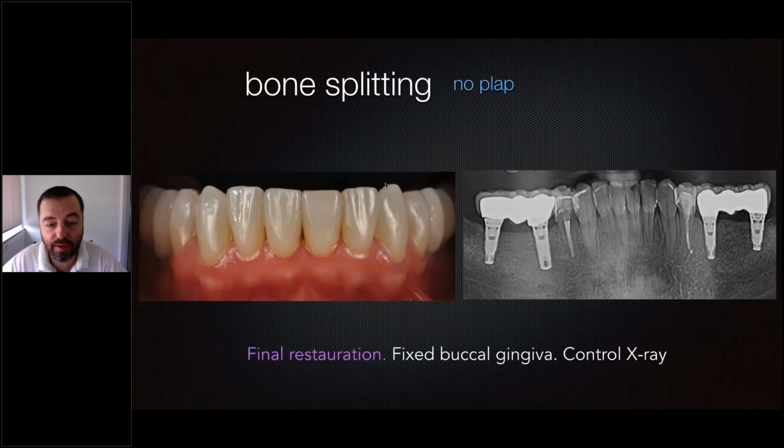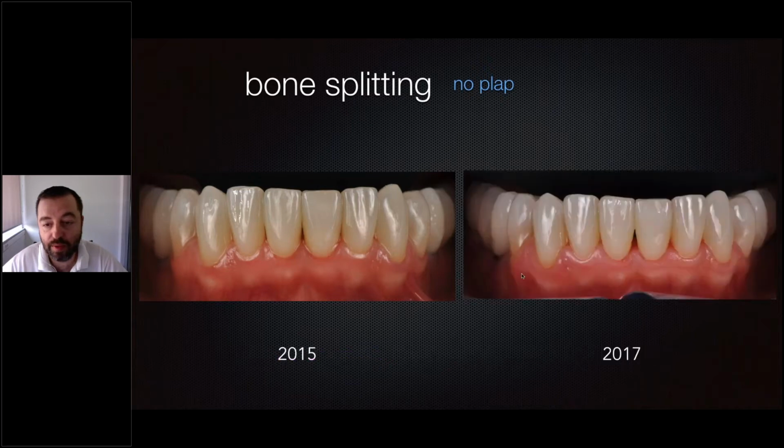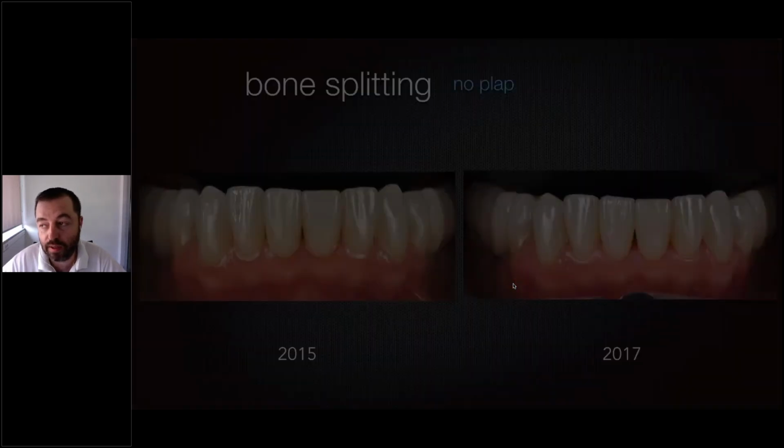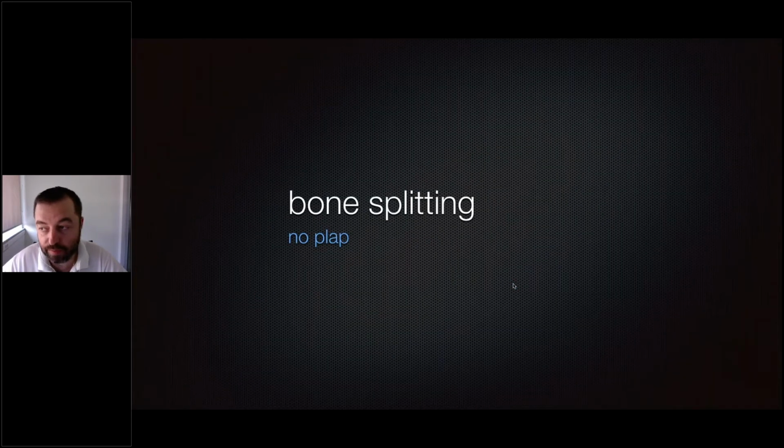And after 2 years' time, everything is very stable, especially the papillae mesial to the mesial implant of our case. Of course, the patient was rehabilitated, and we also fixed the function with veneers, and it has anterior guidance and canine guidance. I think it's okay from a functional point of view.